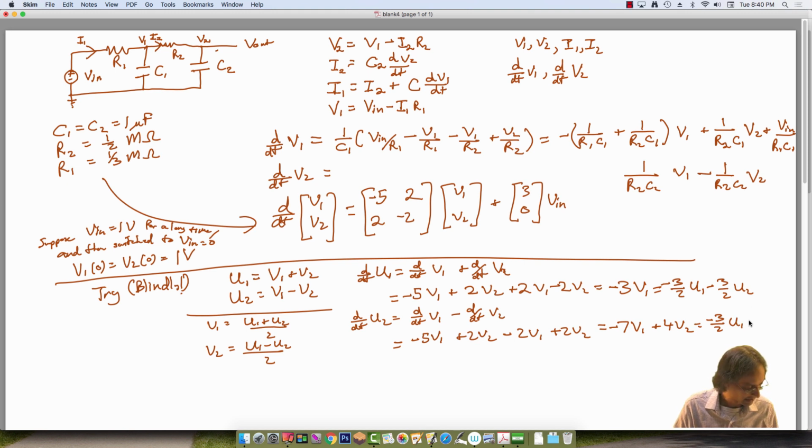This turns out to be something similar, minus 11 u2 divided by 2. So instead of having an equation that was 5 minus 5, 2, 2 minus 2, I have d by dt of u1, u2 equals minus 3/2, minus 3 halves, minus 3 halves, and minus 11 halves.